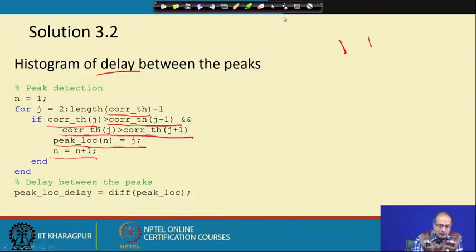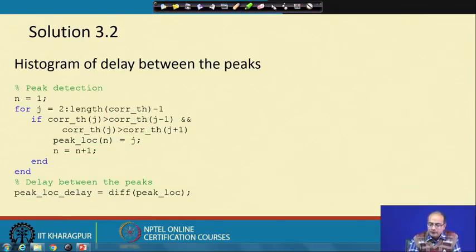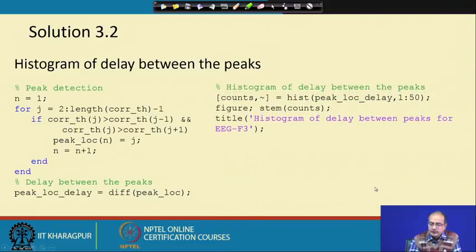So, we proceed in that way. Then once we take the difference of this peak location, we get the peak location delay. Okay. So, now we have the peak location delay.